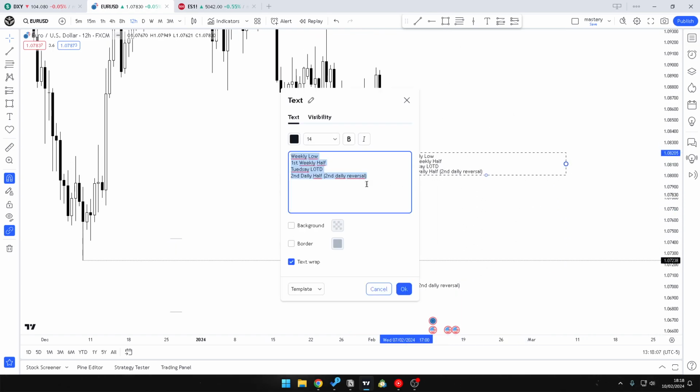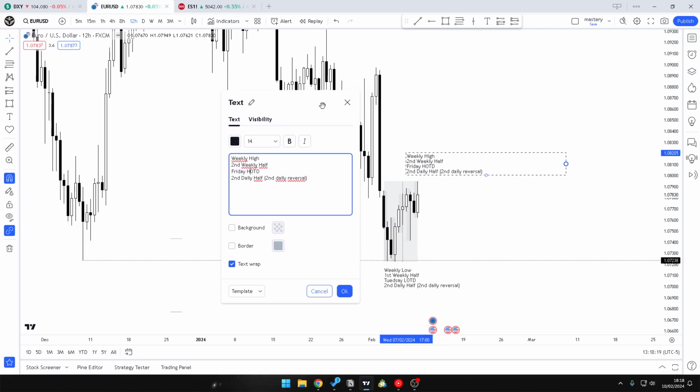On the inversion part, we have the weekly high, which was made on the second weekly half, also on Friday, the high of the day. It was also the second daily half of the candlestick, where the Friday range from low to high was made on the second half.